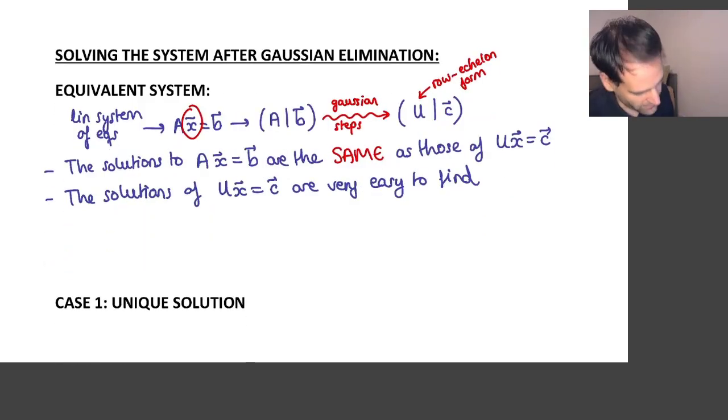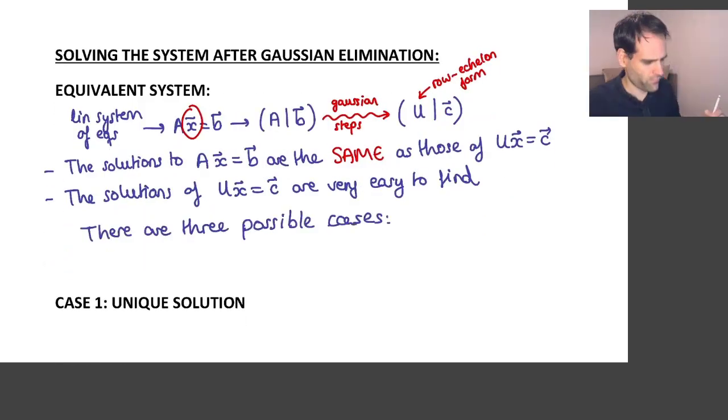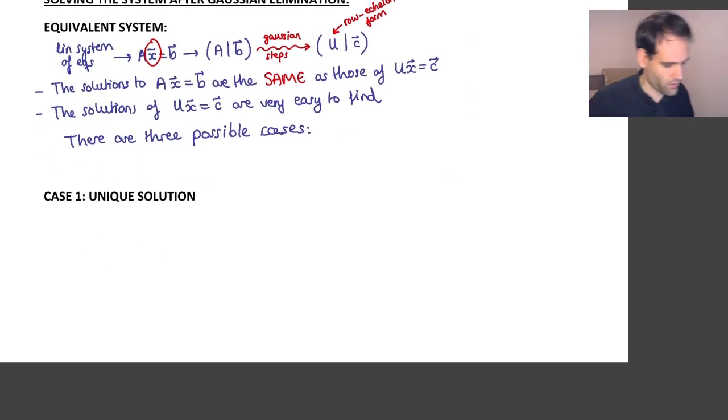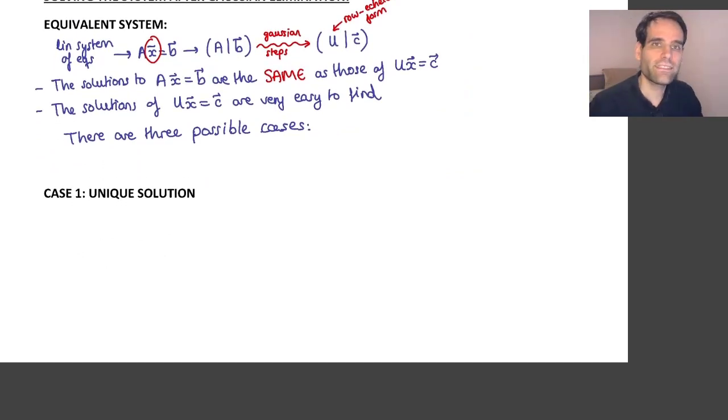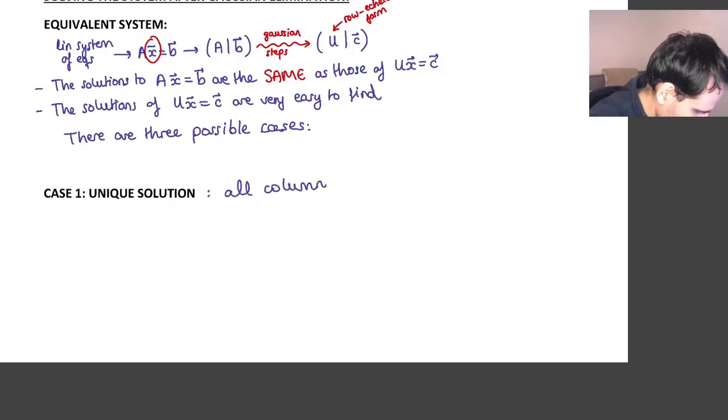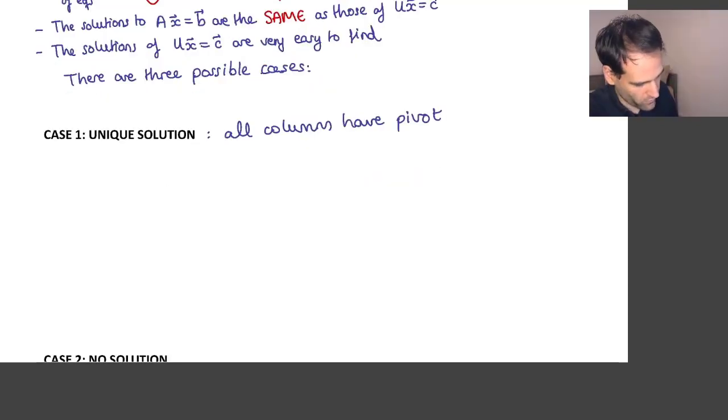So there are three cases. Case one is if there is a unique solution, and it happens when all of the columns have a pivot. UC might look like this.